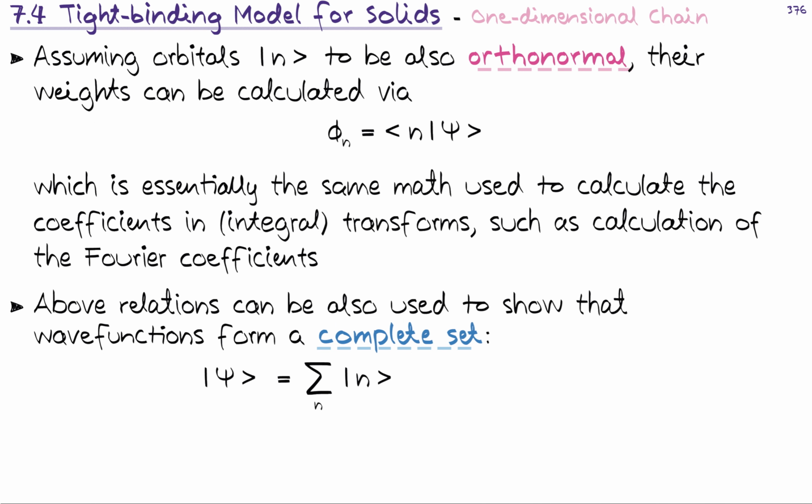So we sum over n the kets of n, and then we multiply with phi n. This weight is related to the probability that the electron is in this orbital, and this scalar phi n can be written with the equation we got from above.